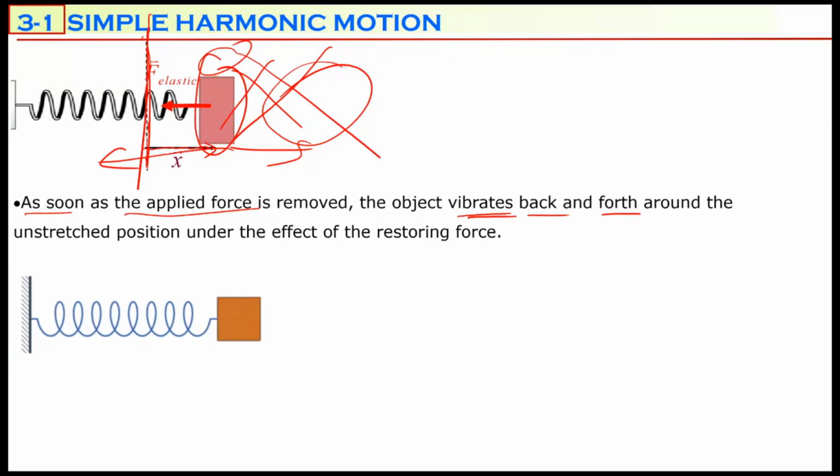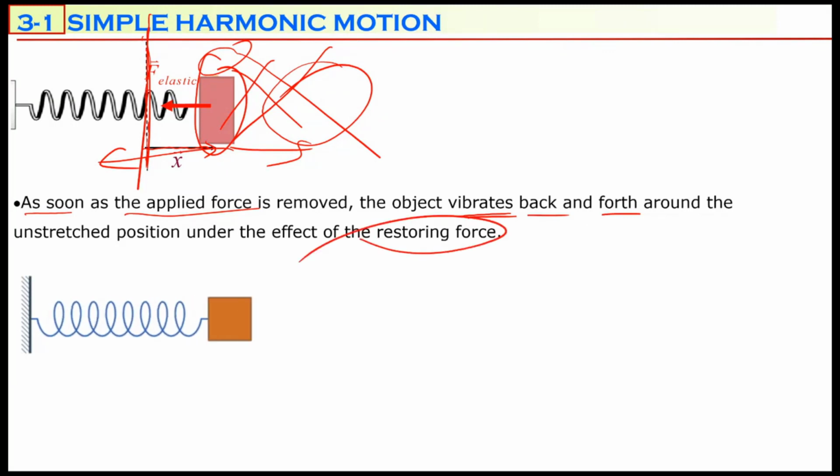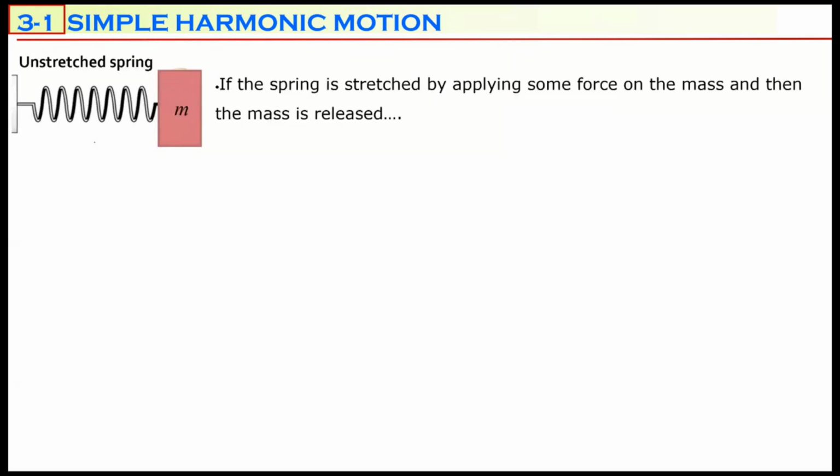So the reason for this vibration, this oscillation, is the restoring force acting on the object, which is the elastic force, the only force. To start the vibration, I have to do that. Otherwise, the object cannot start vibrating.